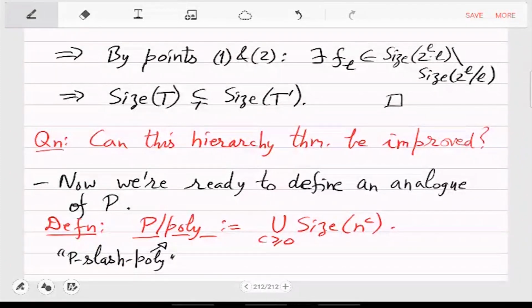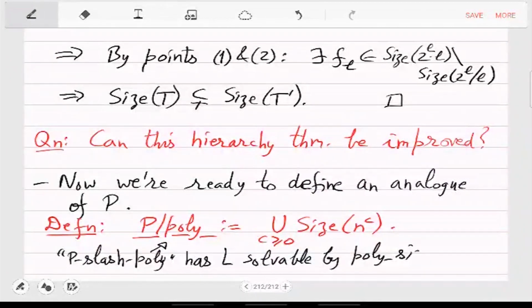And what is this? So these are the problems with poly-size circuit families, solvable by poly-sized circuits.